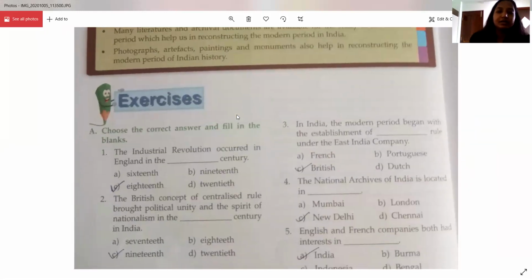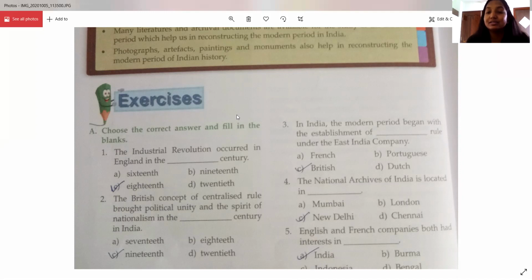First one, the Industrial Revolution occurred in England in the dash century. It's the 18th century, option C. Please mark this in your book and write it down in your classwork. The British concept of centralized rule brought political unity and spirit of nationalism in the dash century in India.